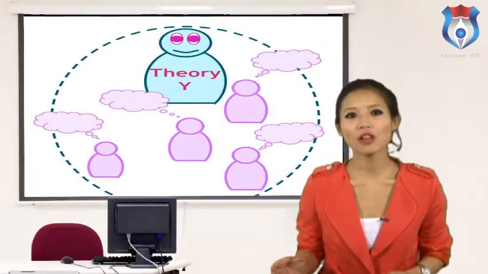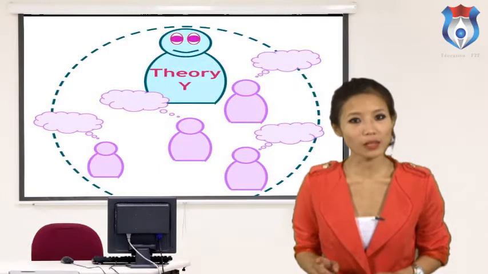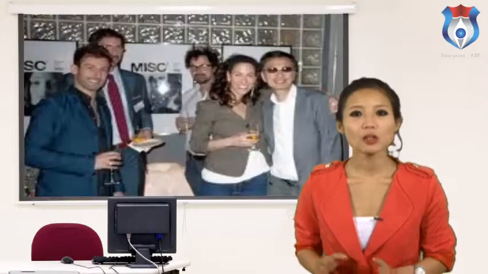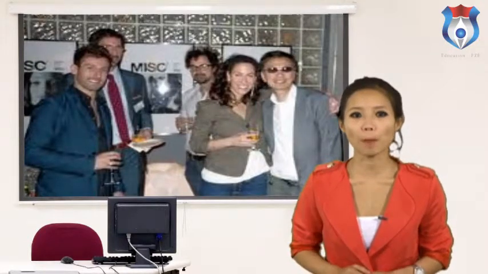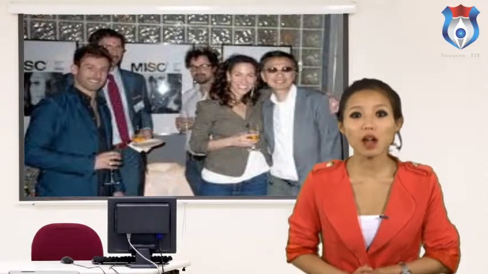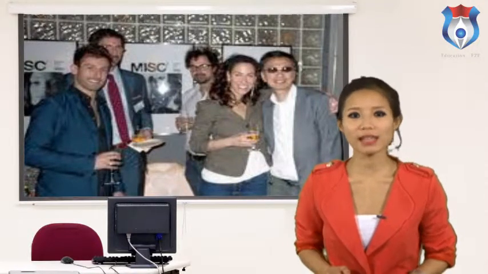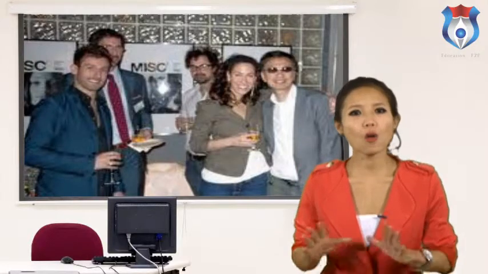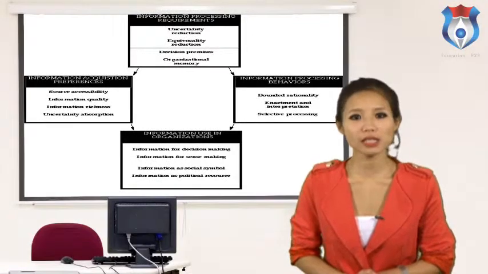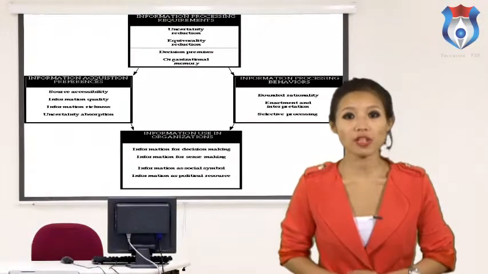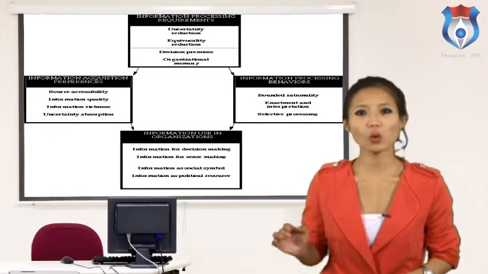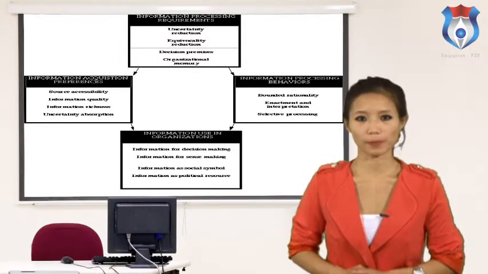Incentive, threat, or external control is not the only means of motivating people to work for organizational objectives. The motivation, the potential for development, the capacity for assuming responsibility, the readiness to direct behavior towards organizational objectives are all present in people. Under proper organizational conditions and methods of operation, man will exercise self-control towards achieving his own goals and those of the organization.